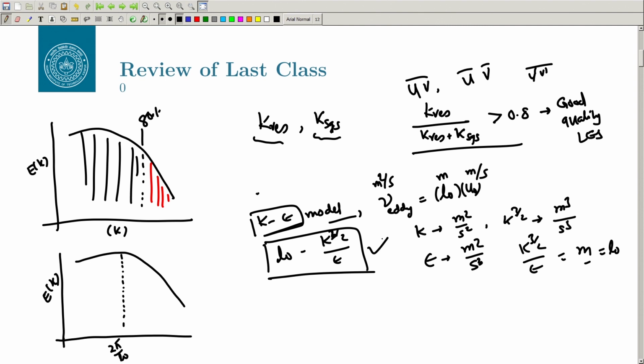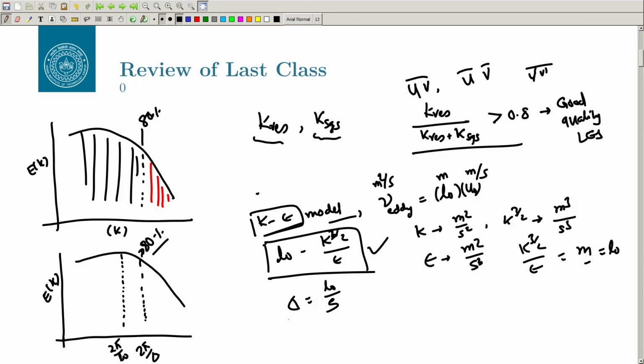We also argued that typically, to find out if a mesh is good enough for LES, we should have at least 5 elements to resolve the integral length scale, and when that is the case, it is likely to resolve this 80% of energy. So, if we use 5, we have a scale delta which is L naught by 5, so this is my 2 pi by delta. Delta is the length scale for LES, and we are arguing that this typically resolves 80% of kinetic energy.